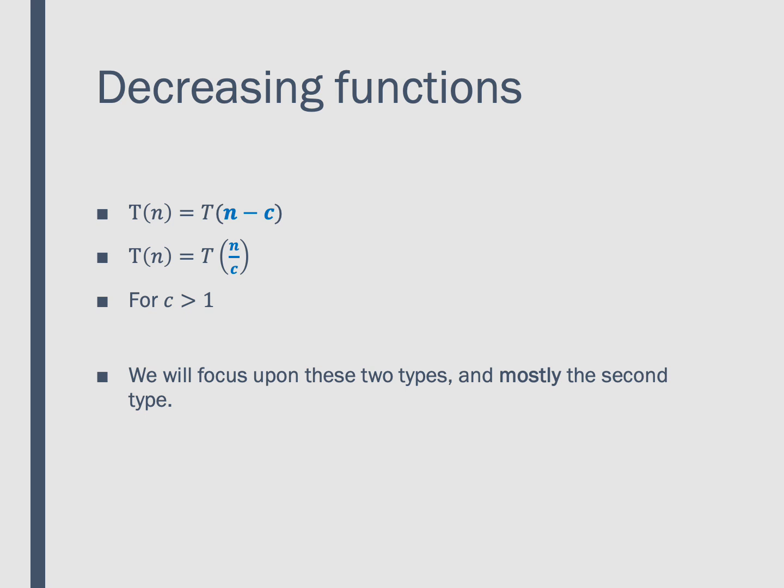Linear decrease models problems solved incrementally, step by step, like sorting or searching in a sequential manner. And fractional decrease captures divide and conquer strategies where problems are split into smaller subproblems, such as in quicksort or merge sort.